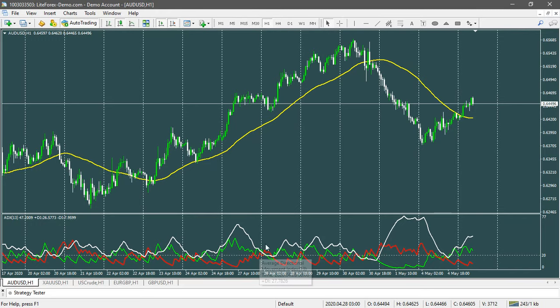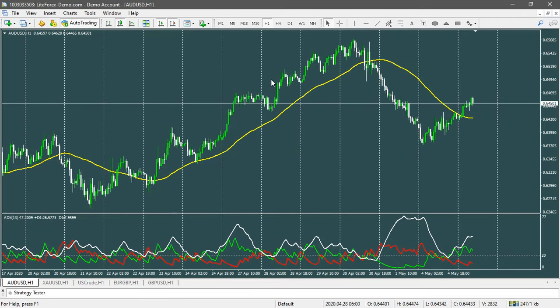Added to that, we will need one of the DMIs to confirm that, as in this case here, we have a strong trend upwards. We have the white line trending upwards, showing increasing trend strength. We have a close of price above the moving average, in this case the 50 simple period moving average, and price is steadily holding above this.